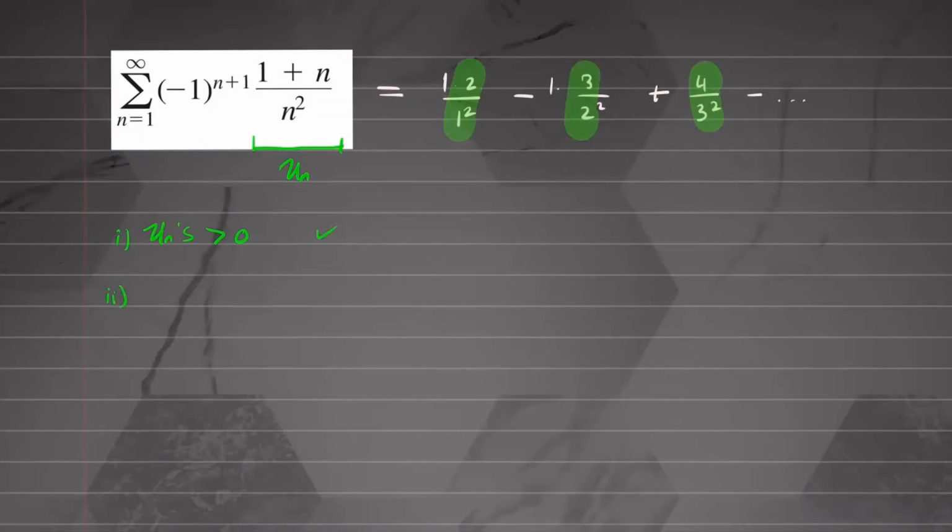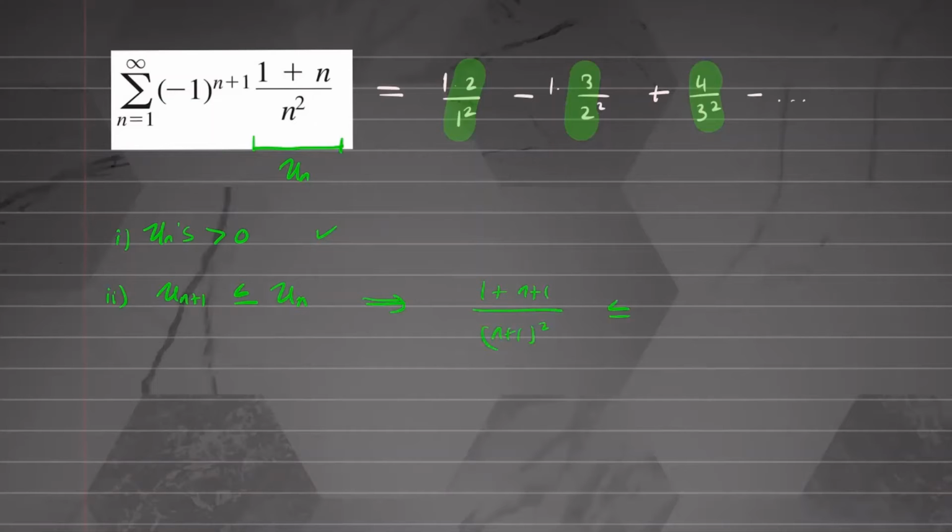The second condition, we want to make sure that the term u_(n+1) is less than or equal to u_n eventually. So now let's check that. Is that true? So u_(n+1) would be (1 plus n plus 1) over (n plus 1) squared.